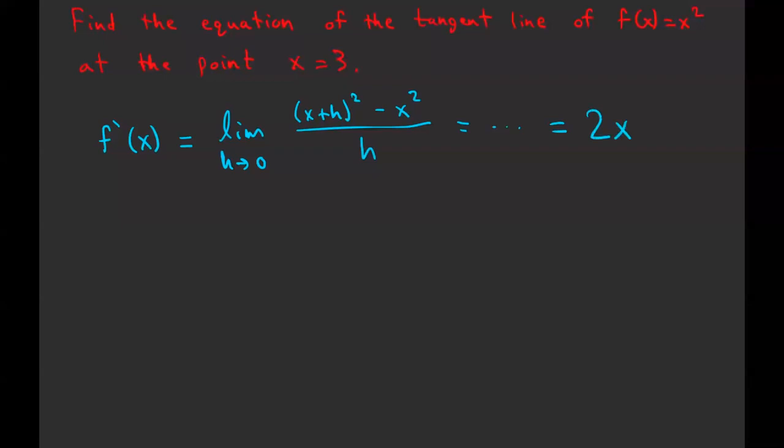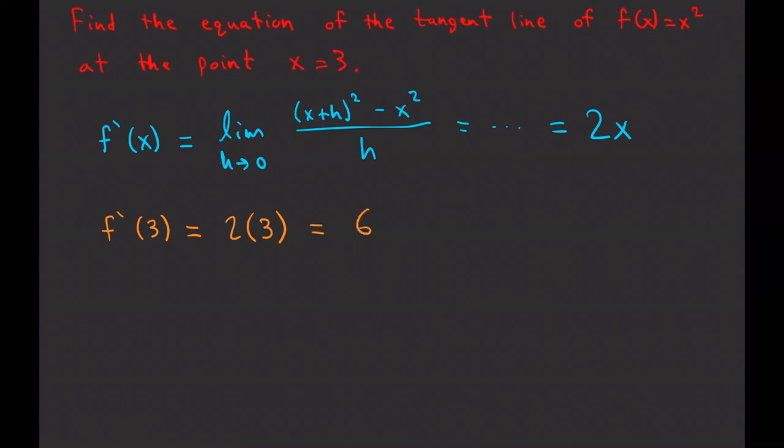So that's great. That's fantastic. We've got our formula there for our derivative. Now, I need to find the slope at that point, and so I want to do f prime of 3 here. If I do that, we can just take our 2x, which is already our derivative, and plug in 3 and we can get 6.